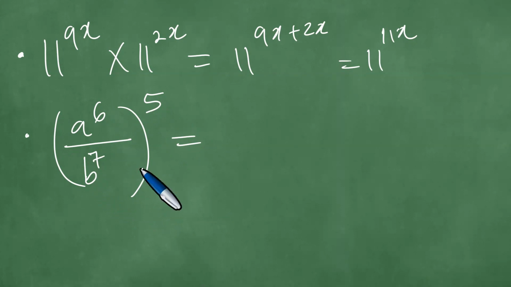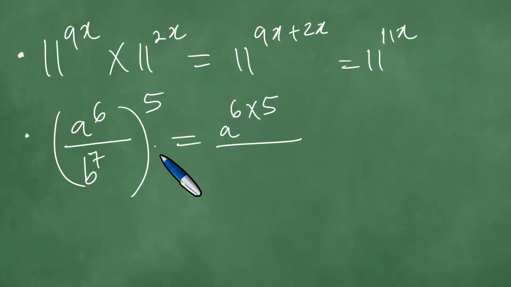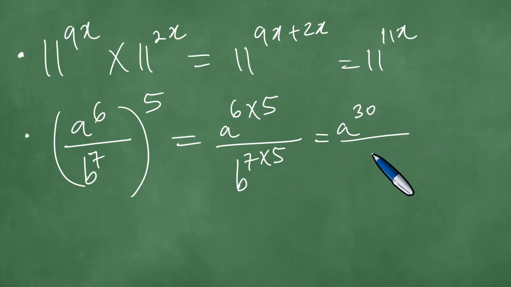It's going to be a to the power 6 times 5, b to the power 7 times 5. You multiply the powers. What is 6 times 5? 30. And 7 times 5 is 35.